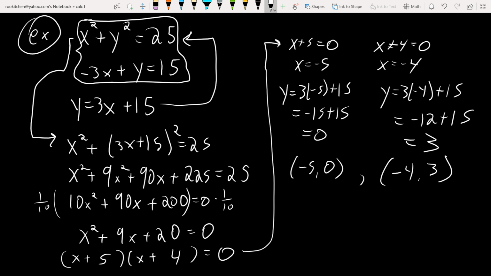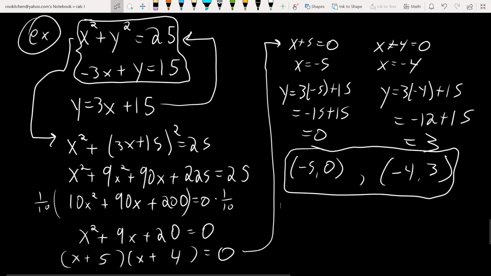Is that 25? Yeah, that works. Negative 5 times negative 3 is positive 15, plus 0 is 15. That works. So I'm just checking them in my head. 16 plus 9 is 25, and then 12 plus 3 is 15. So they both work, and that's my solution set, they would say.